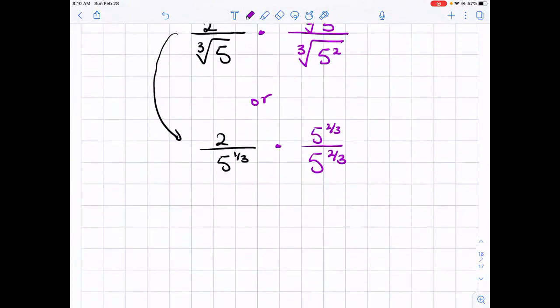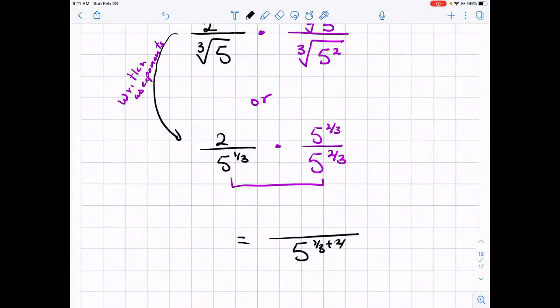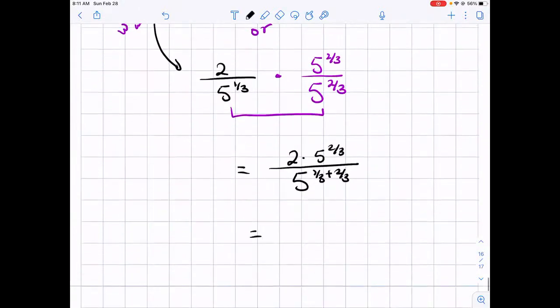Now, this is written as an exponent. When you multiply these two things, the bottom becomes 5 to the 1/3 plus 2/3, and in the top we have 2 times 5 to the 2/3. Well, we know the bottom becomes 5, since 1/3 plus 2/3 is 1.